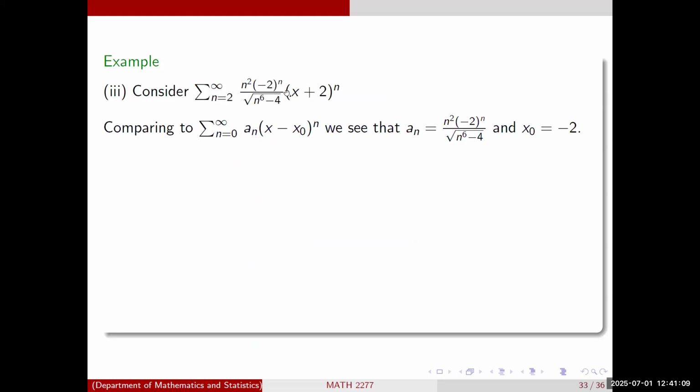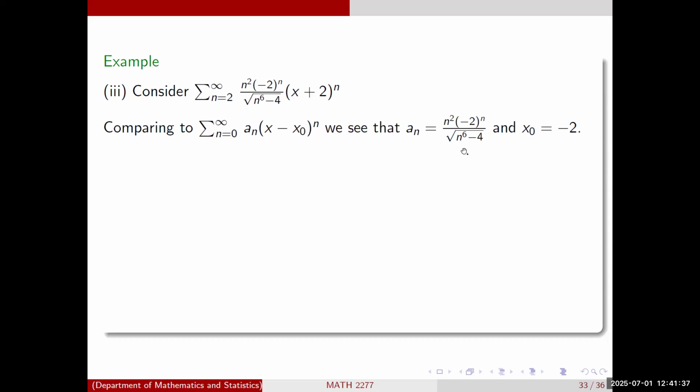So a_n is everything you see before the x plus 2 term, right? This entire mess is a_n. x0, so x0 is -2, because the general form of a power series is x minus x0. What we have is x plus 2. Therefore x0 is -2.